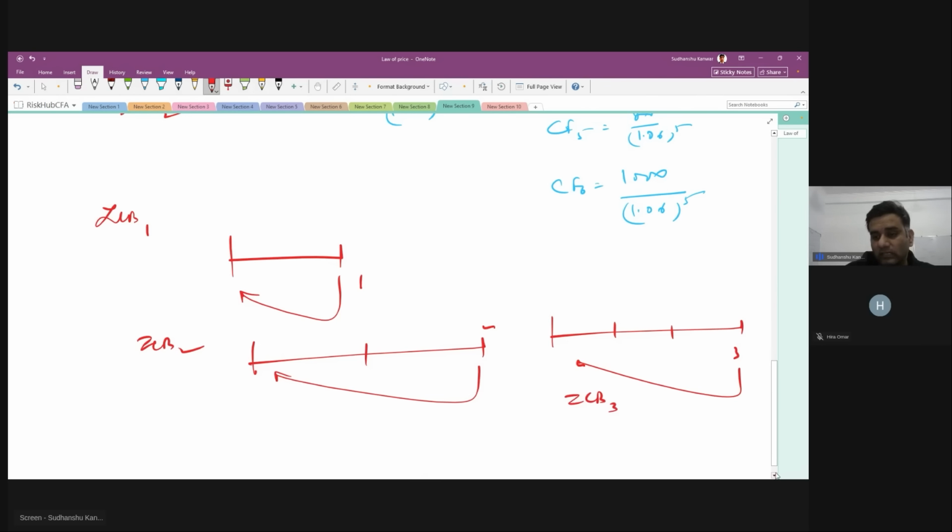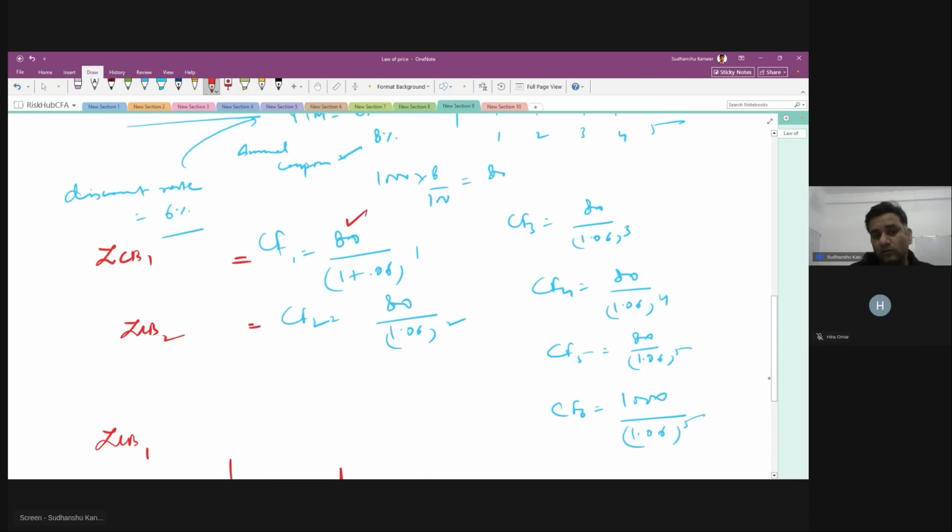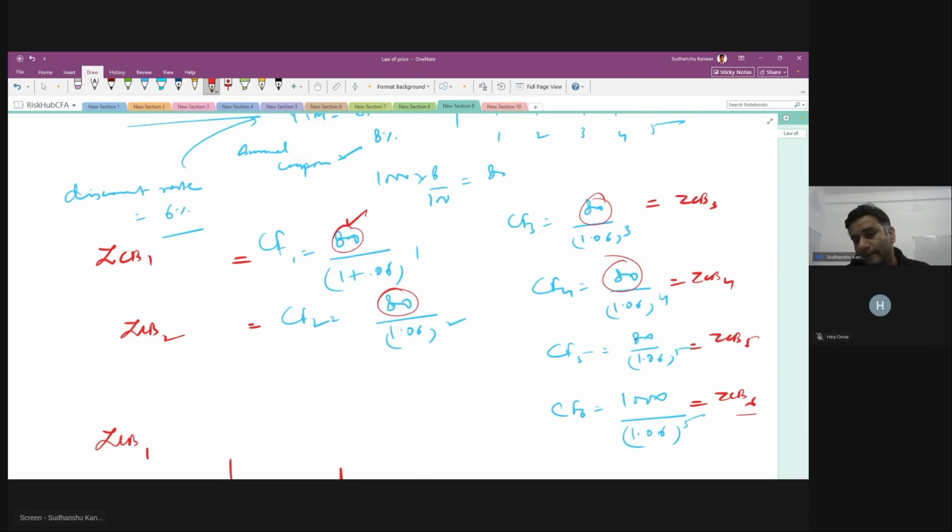So you have to add all these: zero coupon bond 1, 2, 3, 4, 5, and 6. The difference is that zero coupon bonds 1 to 5 have 80 as the final value, FV. ZCB6 has 1000 as the final value.